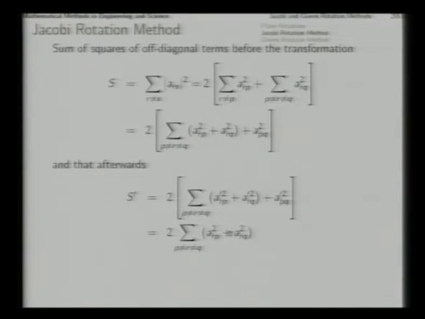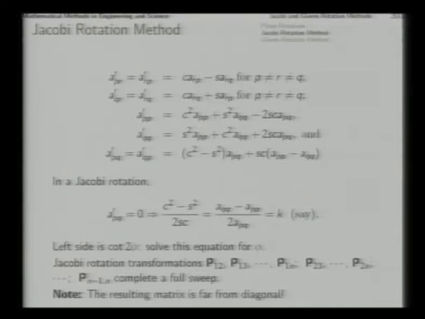That is very easy to notice, because it is this square plus this square, and these two actually do not change, because as you square these two terms and add, then you will find that with C square you will find ARP square plus ARQ square. With S square also you will find ARP square plus ARQ square, and C square plus S square is 1.